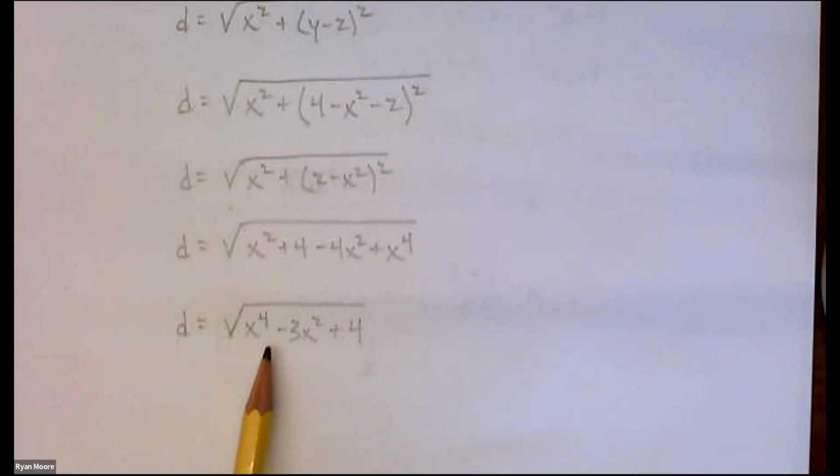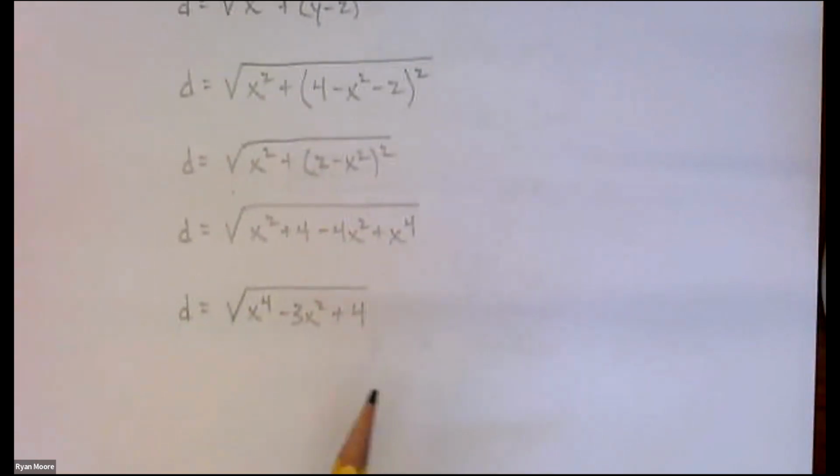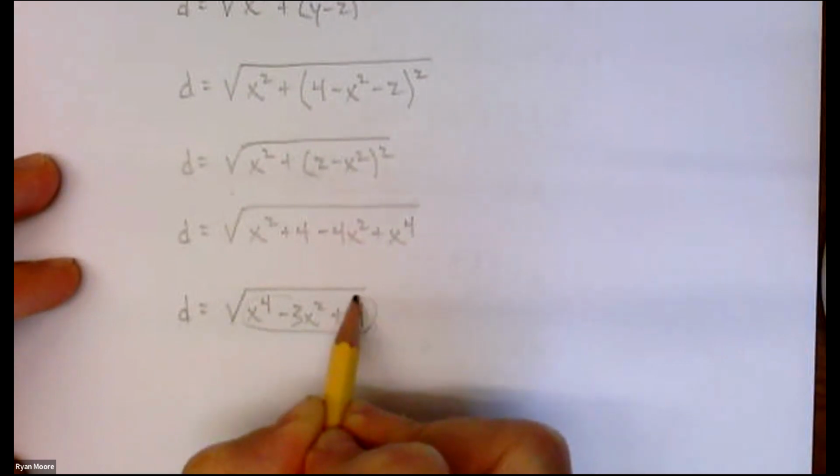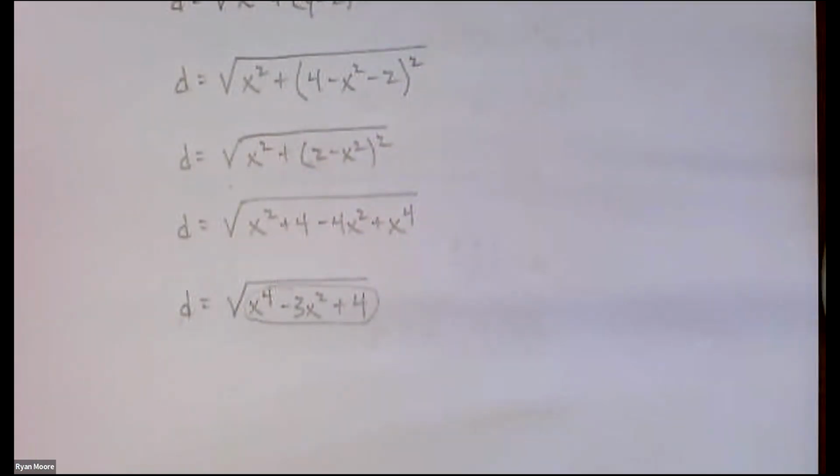Well, if we can figure out the x value that minimizes d, isn't that simply the x value that minimizes what's inside the square root? I mean, if we minimize what's inside the square root, we've minimized d, right?